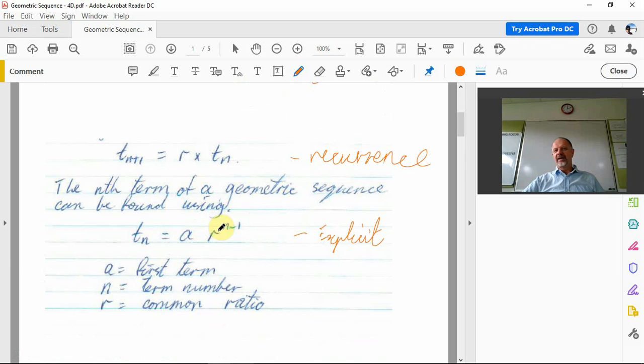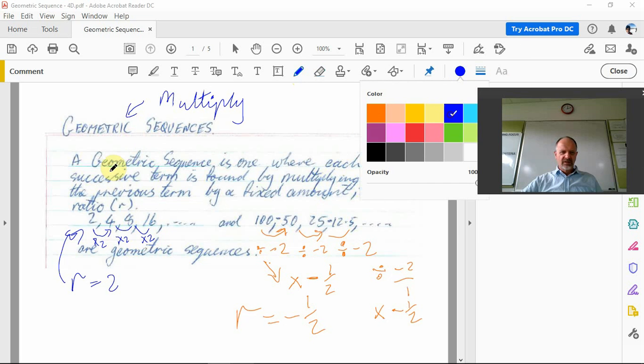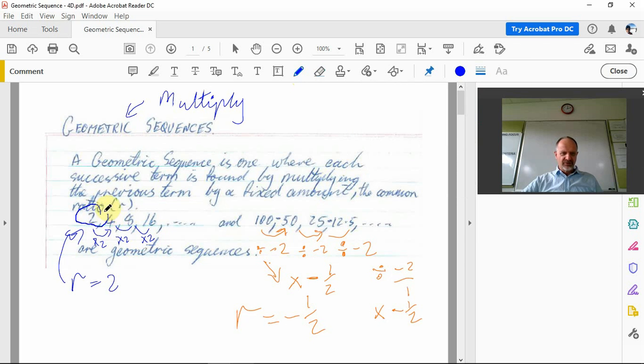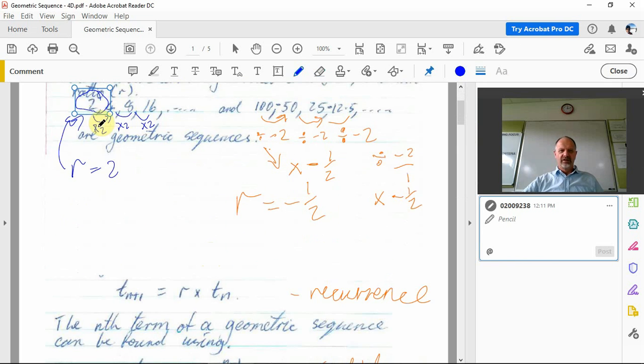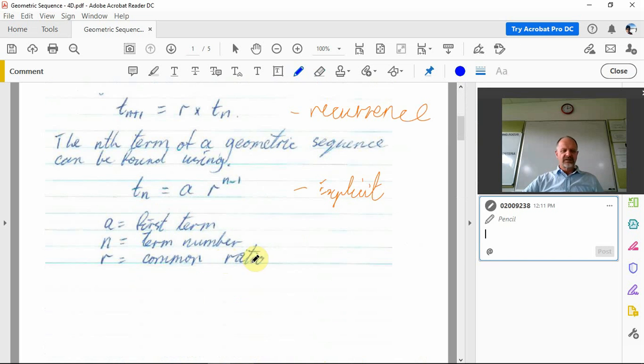And again, we've got n minus 1, because to get term 1, which is this 2, you don't have to multiply it by anything. So term 2, you multiply by that common ratio, but only once. So term 2 minus 1 is 1. So there are our two formulas that we might need to use.